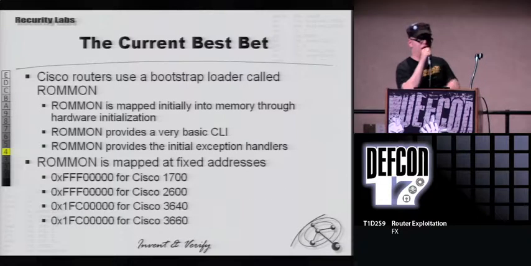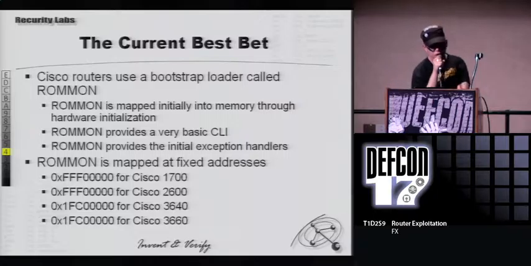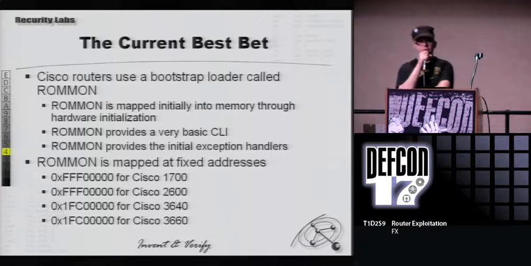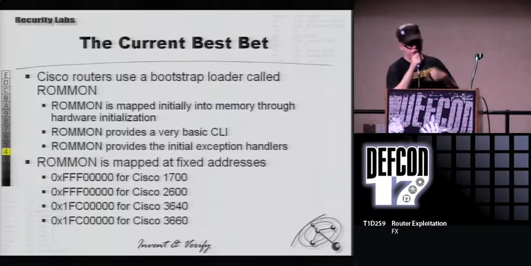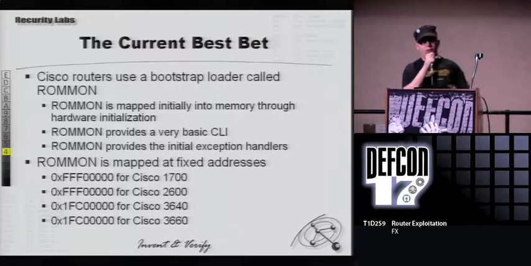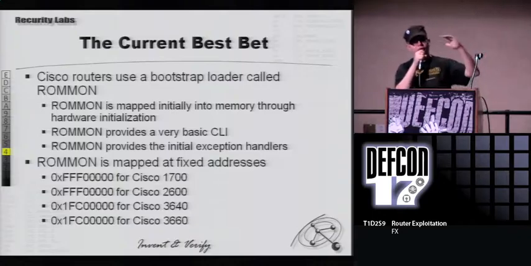But Cisco has something like a loader, something like a BIOS called the boot ROM, and that's the ROM-on, and that's actually right now the very best option we have in terms of return addresses. So ROM-on is mapped initially into memory to boot up the machine, right, and then stays there. And it's mapped on fixed addresses.